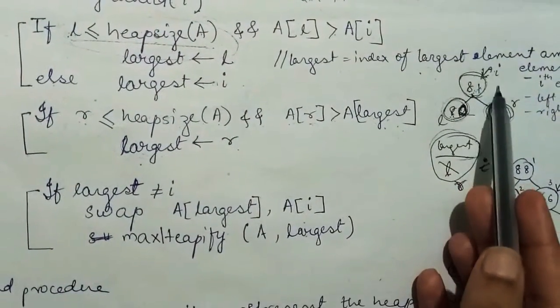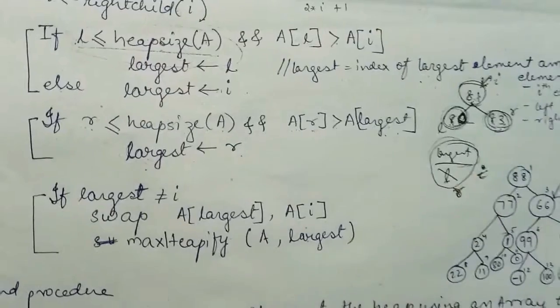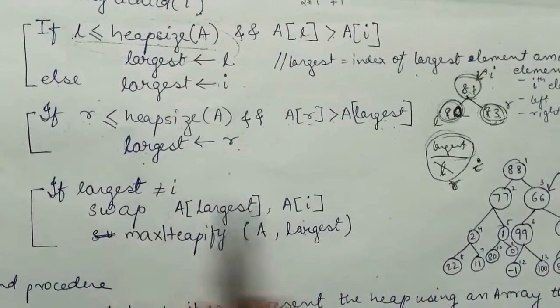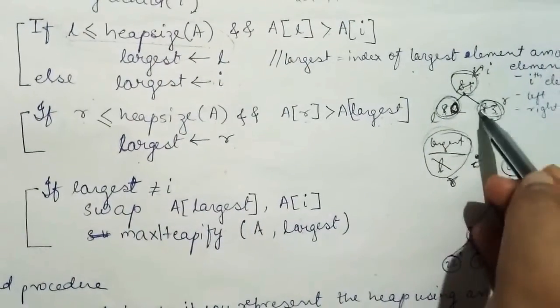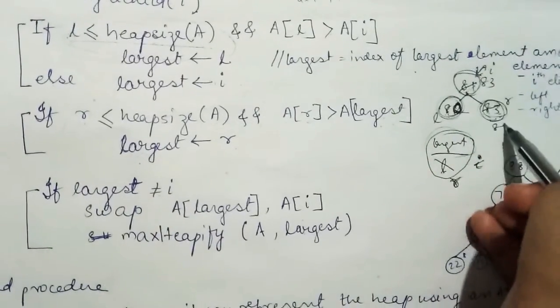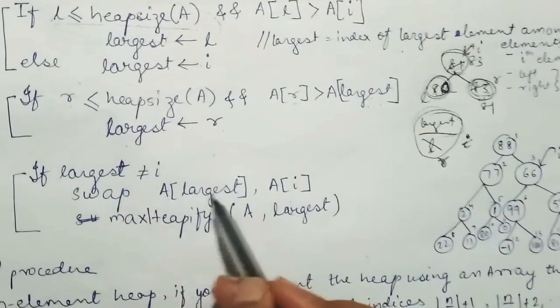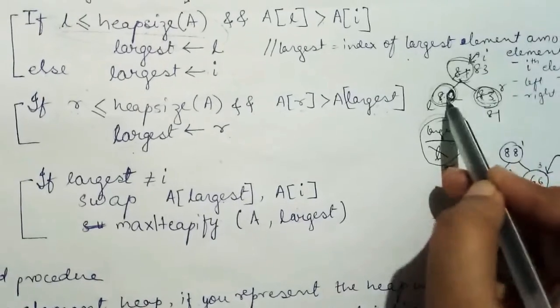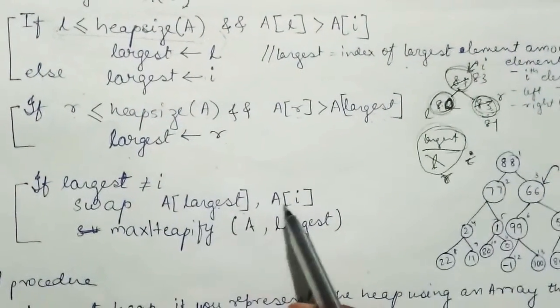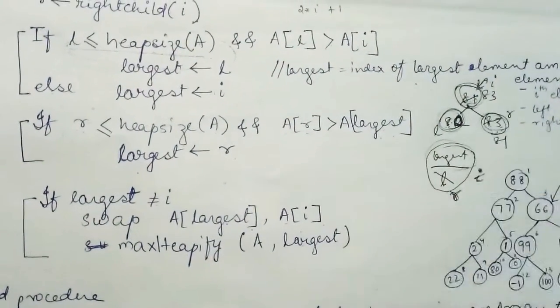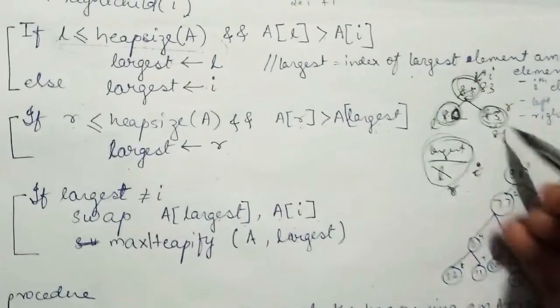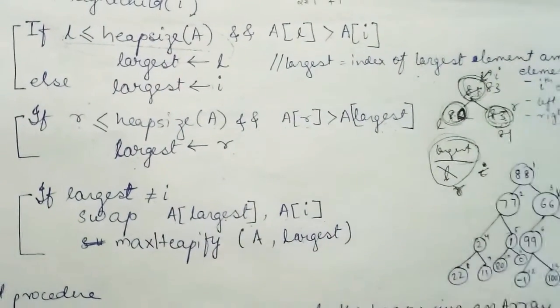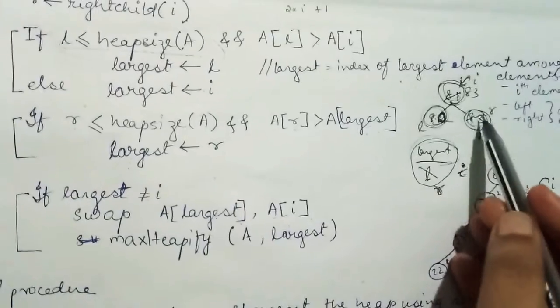But if the largest is not equal to I, then we have to swap. Here 83, here 81. We have to swap the largest value, whichever is the largest, the left or the right, with A of I, with this value. And then again we have to check whether at largest it is maxHeapify or not.